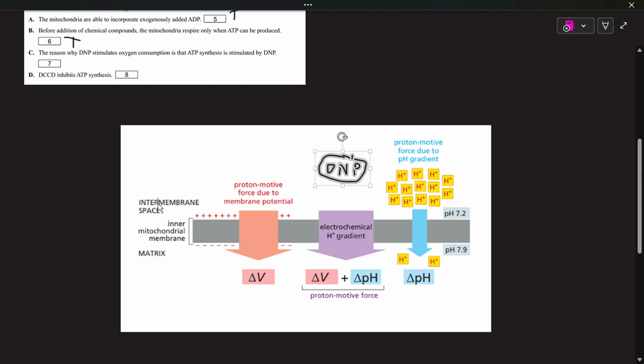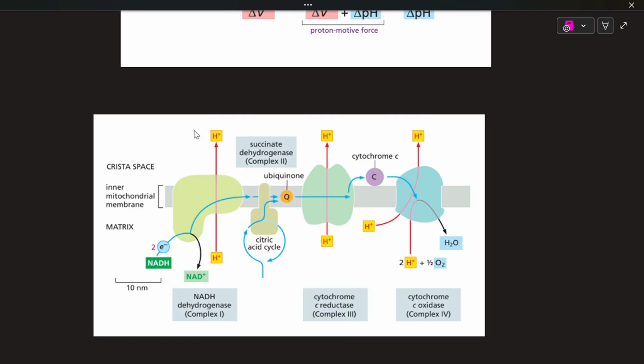In the normal condition, the intermembrane space is full of protons and the matrix is low in protons. But because DNP is added, the matrix is now full of protons and the intermembrane space is low. So now mitochondria work harder to make protons flow again into the intermembrane space, trying to stabilize the proton concentration using the electron transport chain.